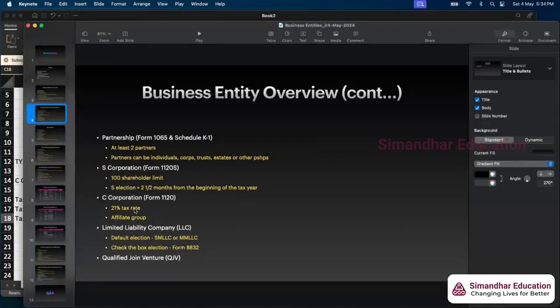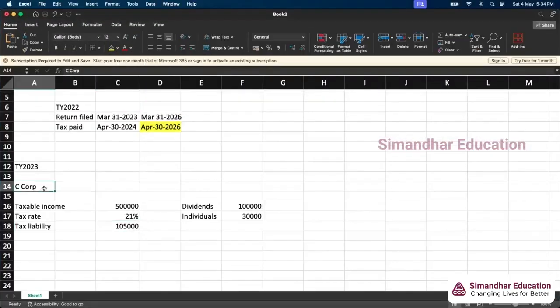The C corp had, say, three shareholders, and two of these shareholders owned 80%, and these were again C corps, and probably another shareholder was an individual.